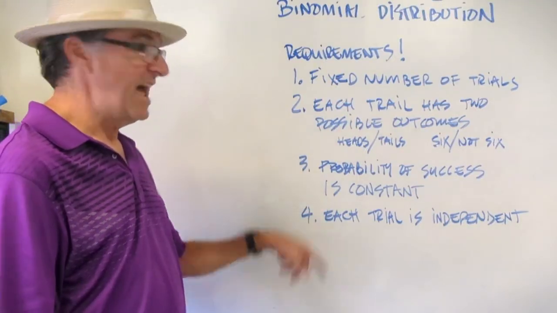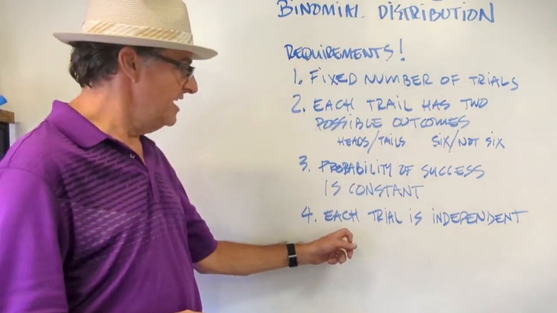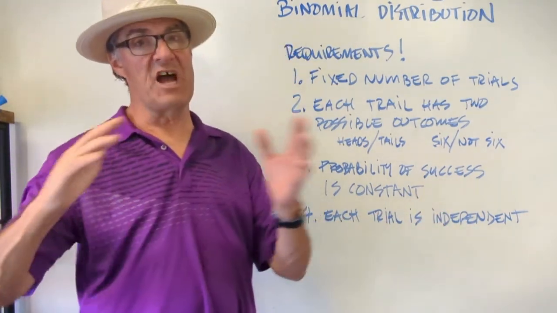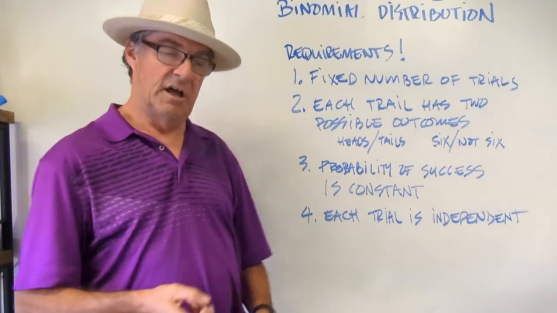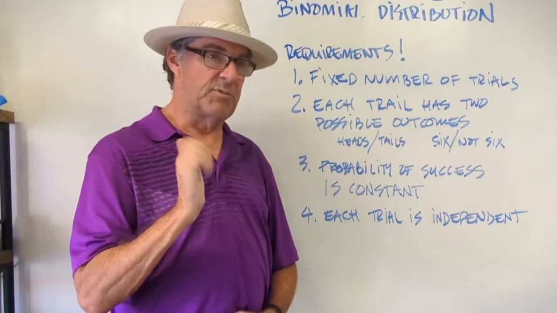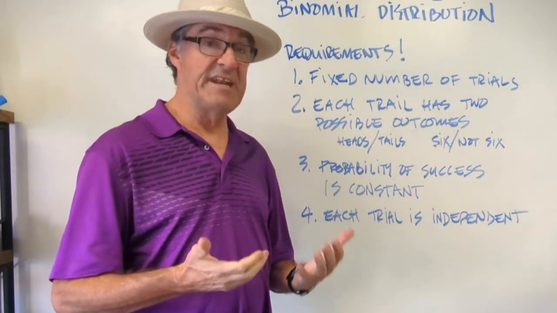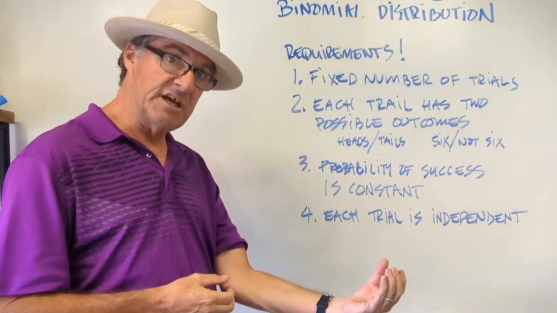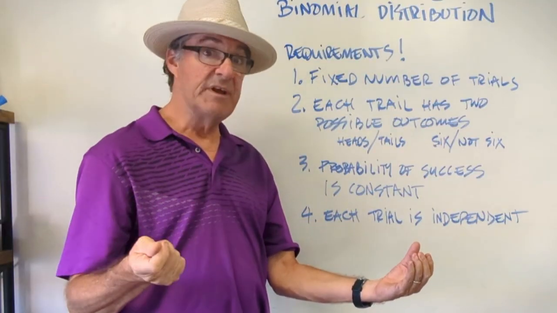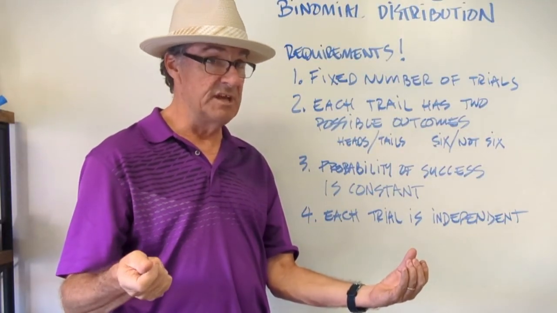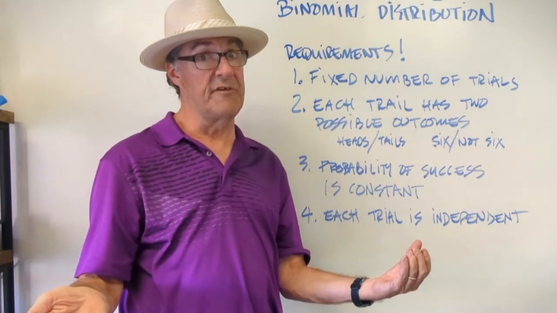The probability of success has to be constant. It can't change. And finally, each trial is independent of the other trial. I want to illustrate these two, since they're very similar. With a die, if we roll a die, the probability of a 6 is the same for every single roll. They're independent of each other. However, if we take a deck of cards and we're tracking red or black, and we pull a card and then don't put it back, with no replacement, the next draw probability is going to be a little different depending on what card we drew the first time.